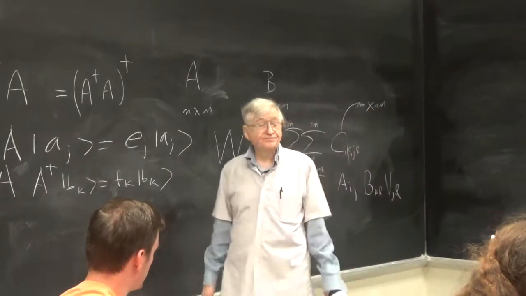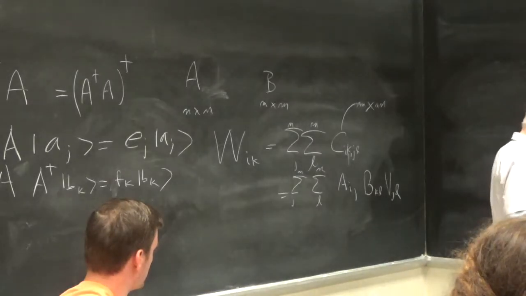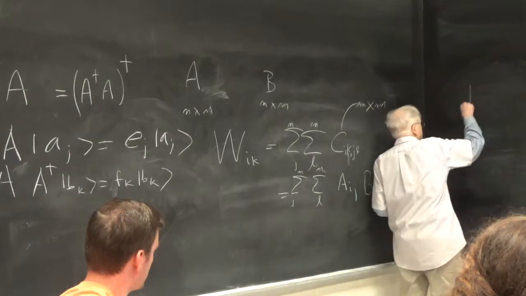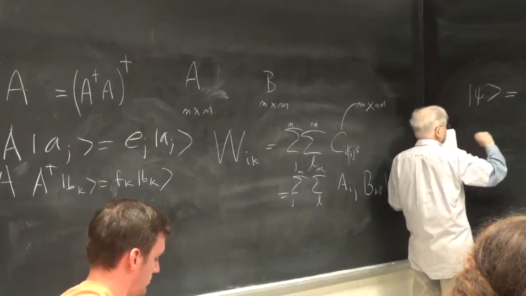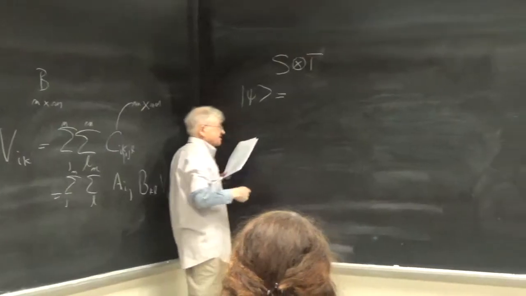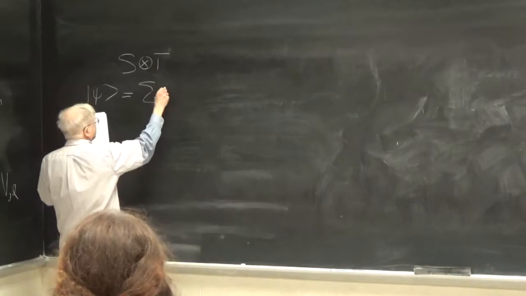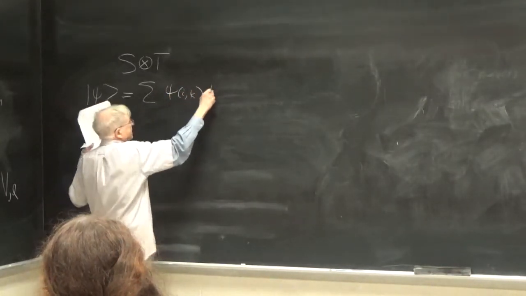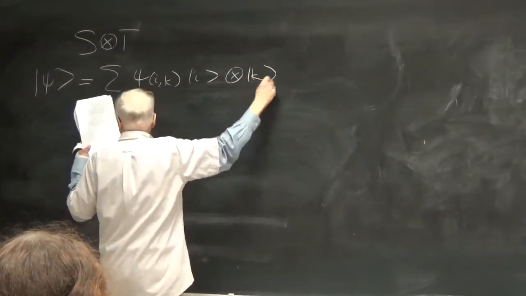One of the things to notice is that if you have an arbitrary vector psi in S cross T, a direct product of these two vector spaces, then psi will be a linear combination of the states I, k.